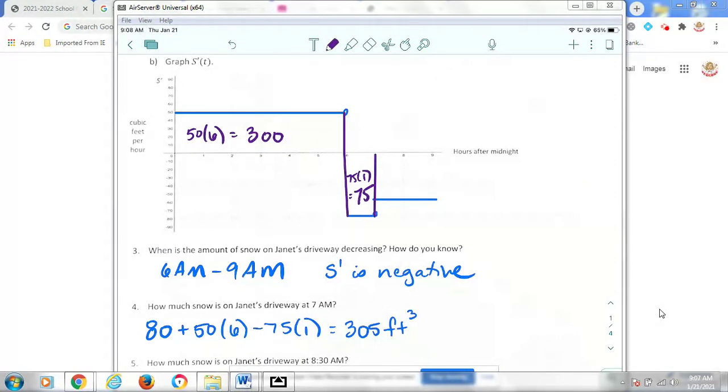All right. So I want you guys to do number 5 on your own. So we're going to find the amount of snow in her driveway at 8:30, so halfway between 8 and 9. So find the area of that one. Decide if you would add or subtract it to the area we just found.